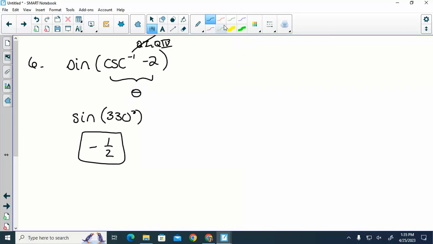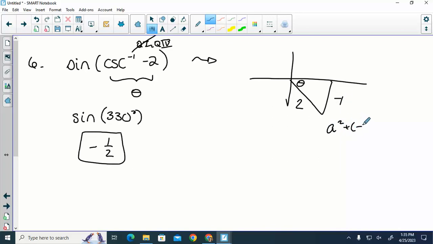The other option, if you didn't recognize that you knew this, well, cosecant inverse could be in quadrant 1 or 4. The negative puts it in quadrant 4. Cosecant is hypotenuse over opposite. So the opposite side would get the negative. Pythagorean theorem. So this side would be a positive, so you get the radical 3.